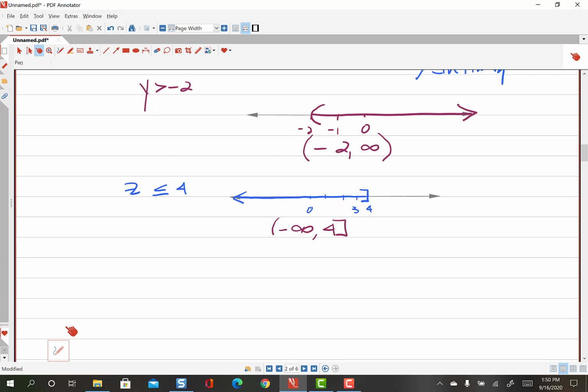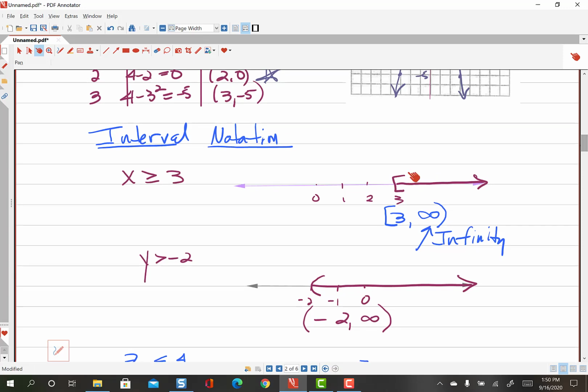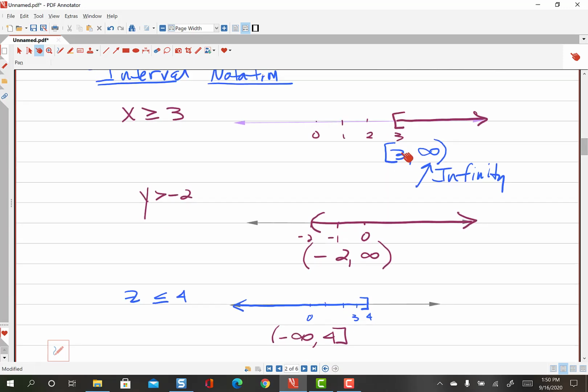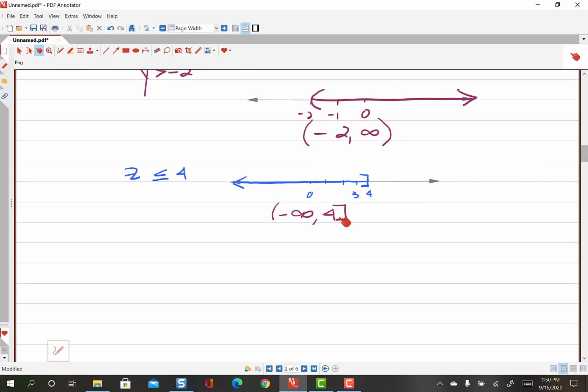If you look at my picture here, the 4 is the right endpoint. Up here, the 3 is the left endpoint. So that means it goes on the left side of the interval notation. Here, 4 is on the right, so it goes on the right side of the interval notation. That's how you tell.